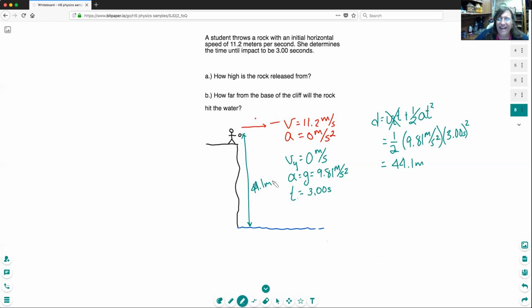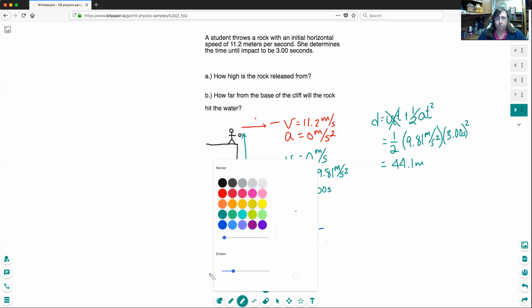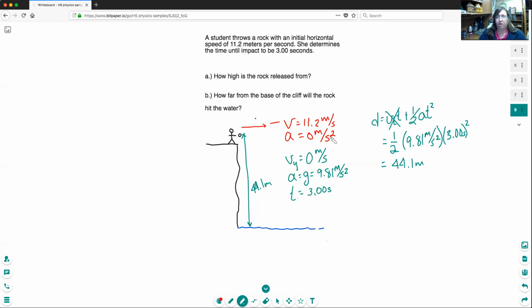Okay, for the second part, I'm going to go back and change my color again. We'll go back to the red, because we used it up here. For the second part, what we're looking for is how far from the base of the cliff the rock is going to hit the water. In this case, again, acceleration is 0. There is no acceleration in the horizontal direction.